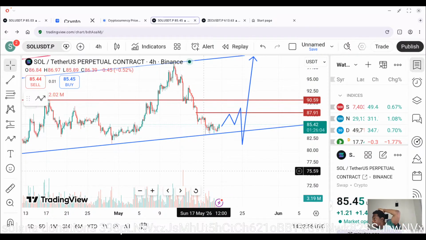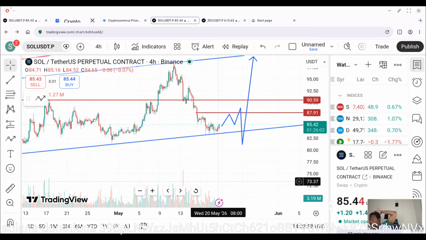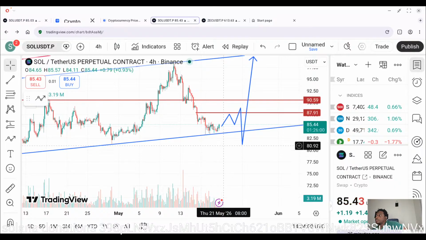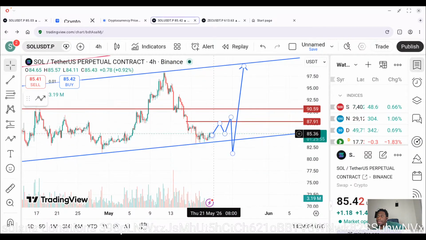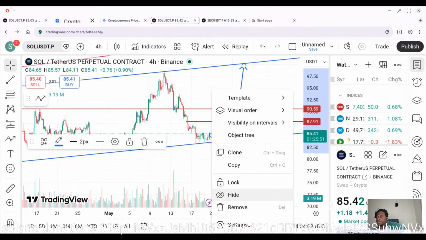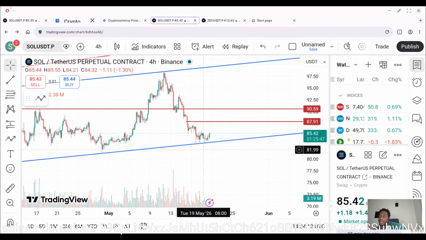That's what we discussed in the morning. So we're expecting price to create some sort of liquidity around here, take out the liquidity, and then head up to the top side.